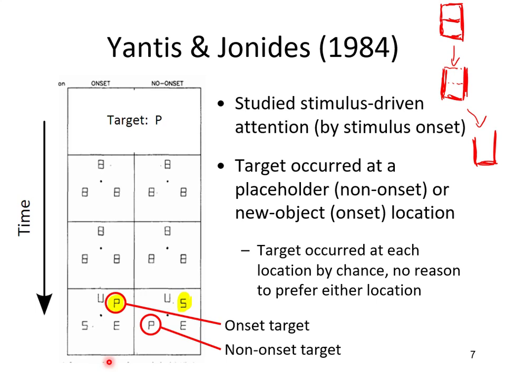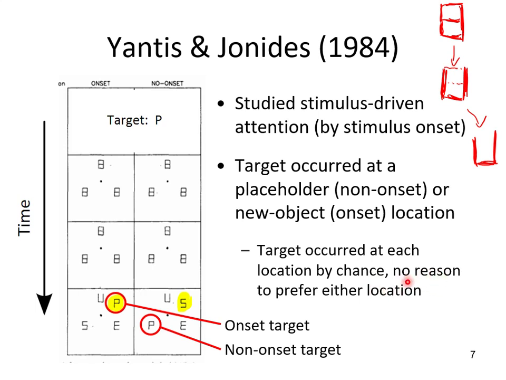Now, the next question: is it an experiment that looks at goal-directed attention? No, because among these 4 objects, the target will occur at each of the 4 locations by chance.